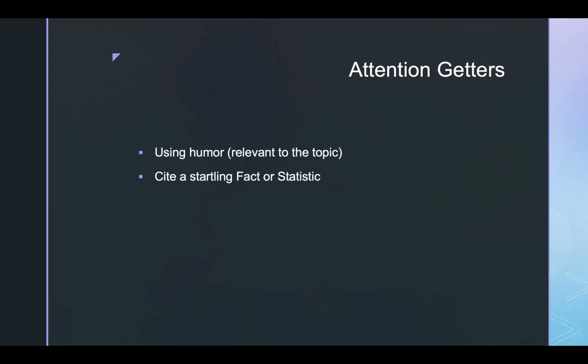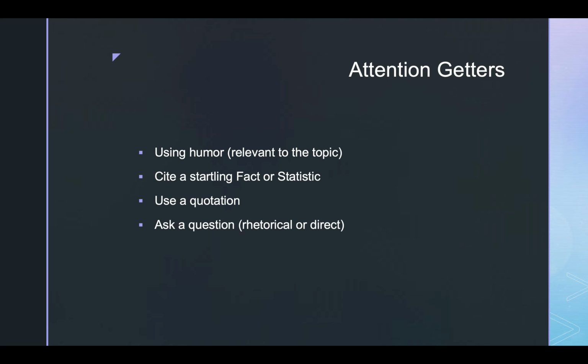So another thing you can do is to cite a startling fact or statistic, something that's going to get our attention immediately because of just how big a number is, or a statistic that you're sharing. You could use a quotation that's relevant or really helps to paint what you're about to talk about as your topic. You could ask us a question.